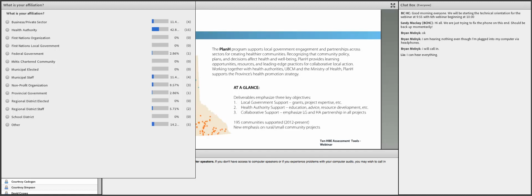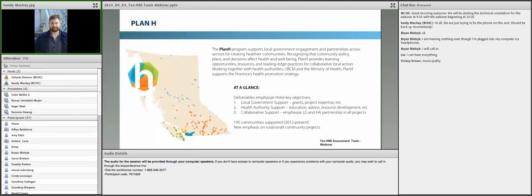So it looks like health authority makes up most of the people we've got joining us today. And if you type in other, you can write in what your type is. So it looks like we've got a lot of people from health authorities, business and private sector, the federal government, that's exciting, nonprofits, and provincial government here today with us. Exciting to have such a diverse group of people on the same webinar.